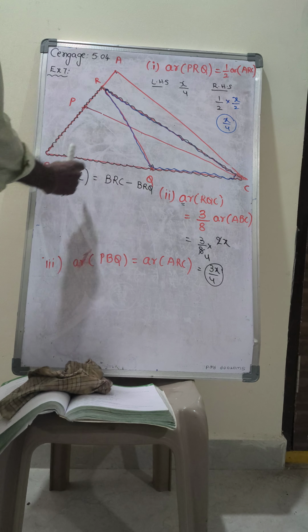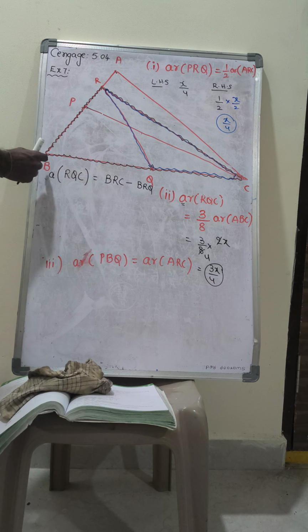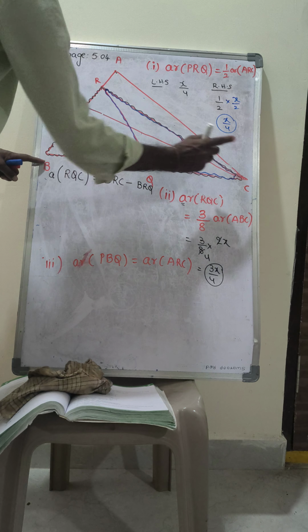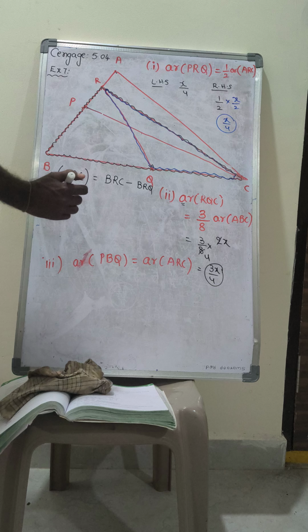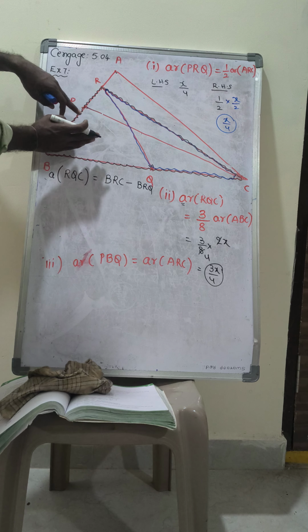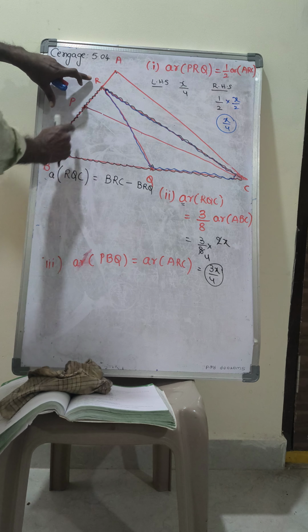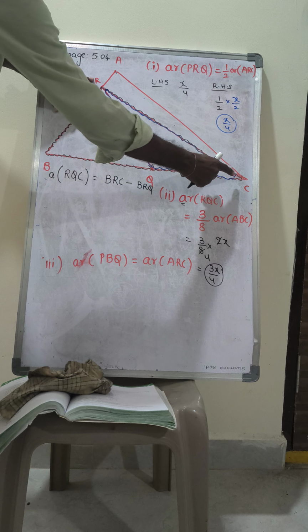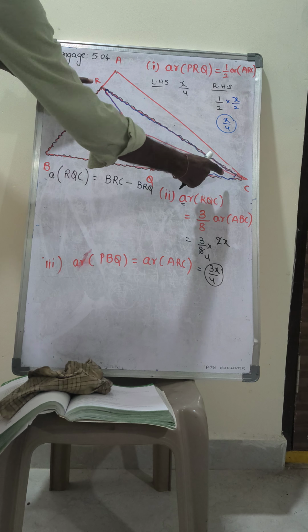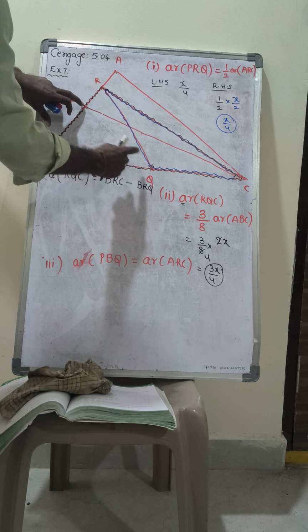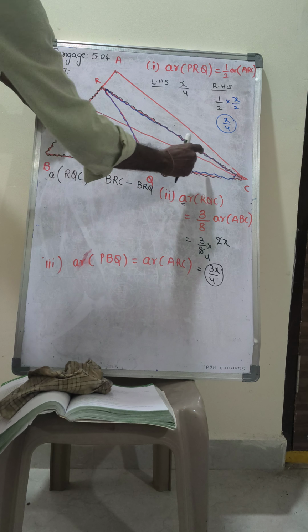How to get BRC area? Okay, you observe this BRC area. Look at this one. This is the midpoint. BC is the midpoint.